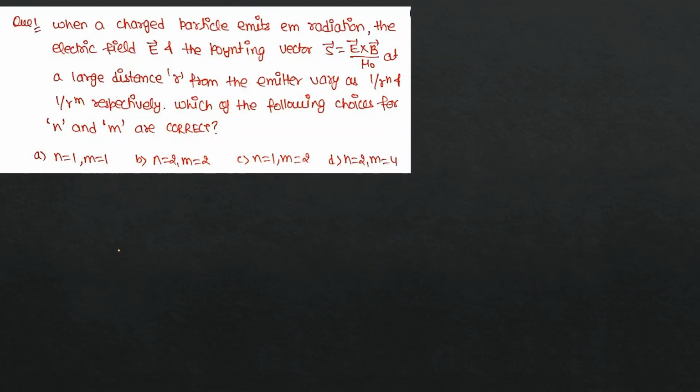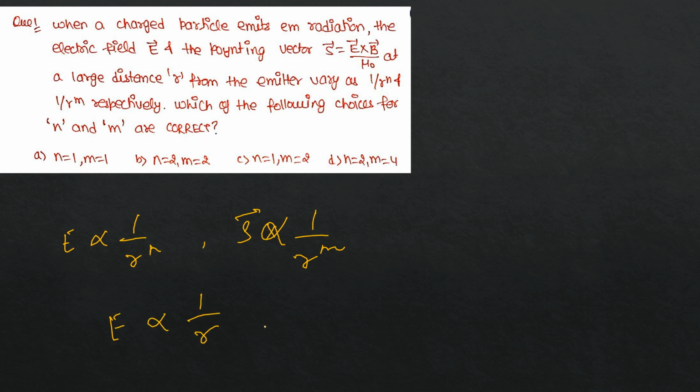The first question: when a charged particle emits EM radiation, the electric field E and pointing vector S vary, at a large distance from the emitter, so the electric field varies as 1 by r to the power n, and the pointing vector varies as 1 by r to the power m. So what are n and m? We know electric field is inversely proportional to r, and magnetic field is inversely proportional to r.